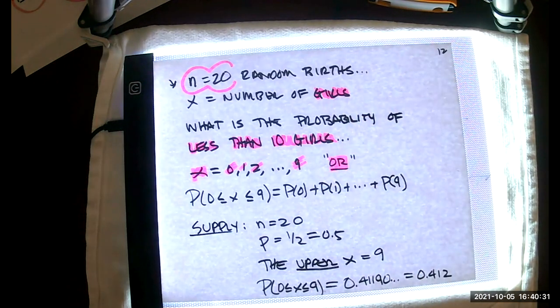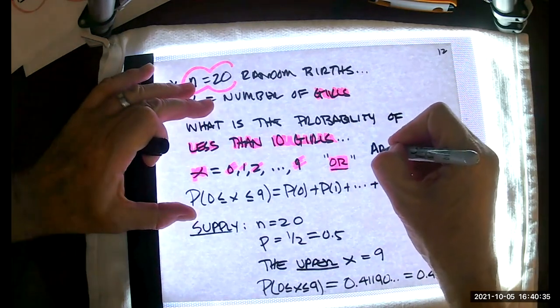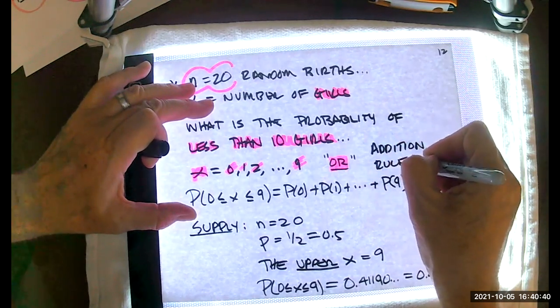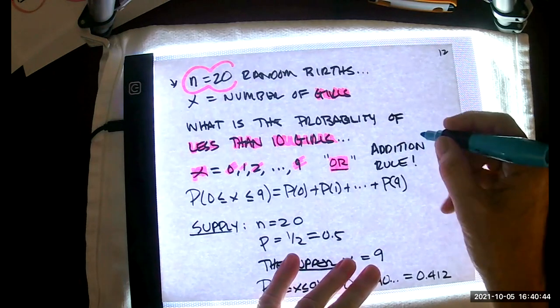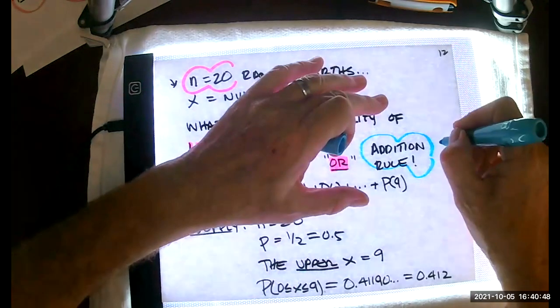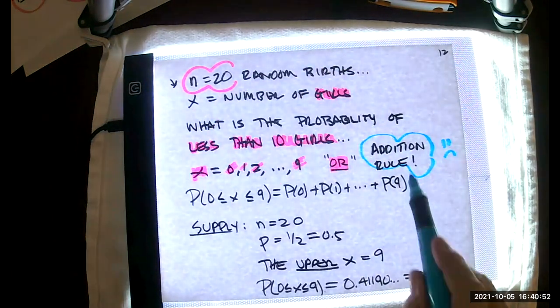Use of the word or means one thing and one thing only. It means the addition rule. Yes, that addition rule from 4.2. Unfortunately for us, that's what's required.